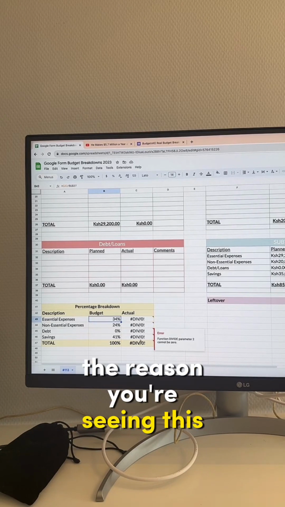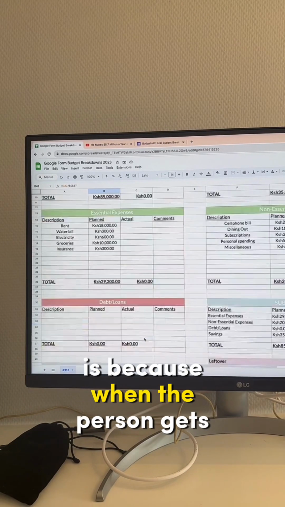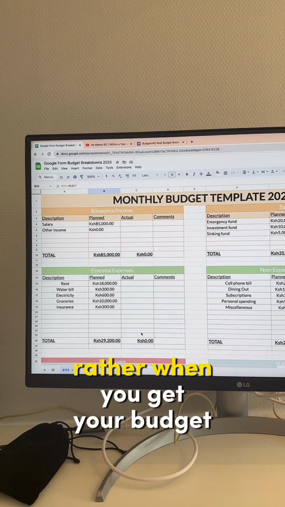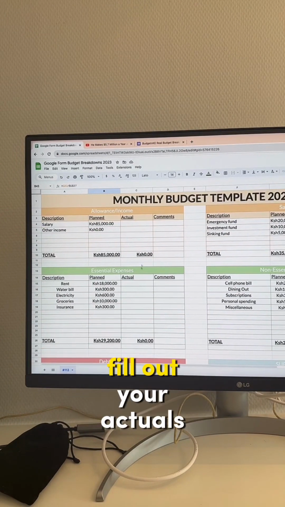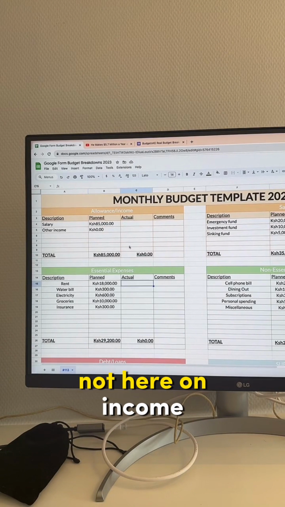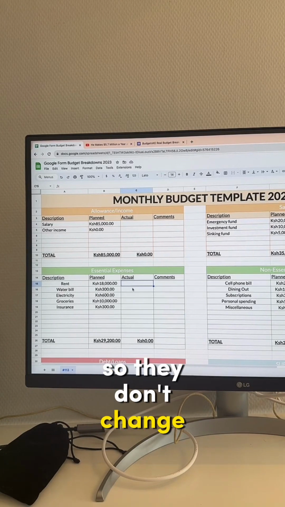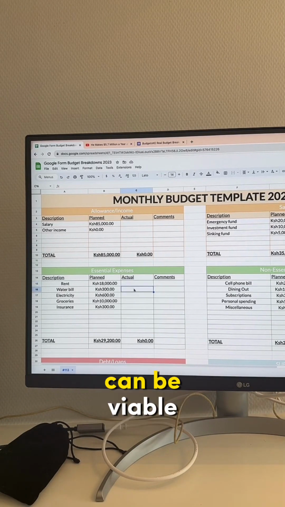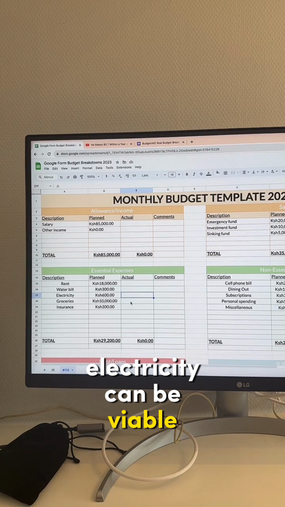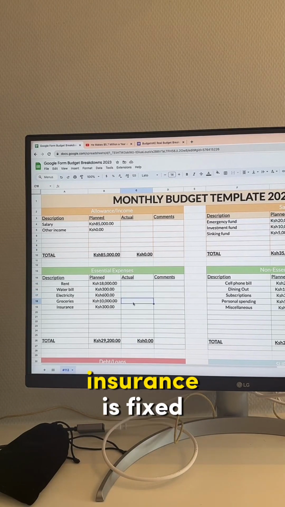The reason you're seeing this error here is because when you get your budget, you need to now fill out your actuals, right? Not here on income, but on expenses, on essential expenses. So rent, of course, those are fixed expenses, so they don't change. Water bill, I think sometimes can be variable. Electricity can be variable. Groceries also is variable. Insurance is fixed.